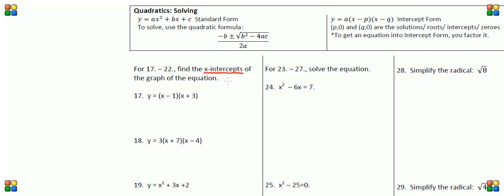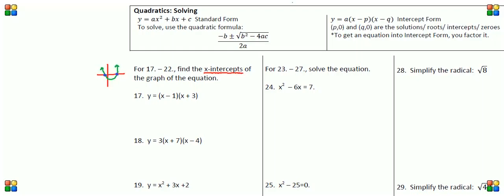Every one of those words describes the x-intercepts, which of course are the places on the graph where the parabola crosses the x-axis. So this would be an x-intercept, and this would be an x-intercept. Whoops, I should probably put arrows on this. Very bad drawing, but at least it gives you a reminder.